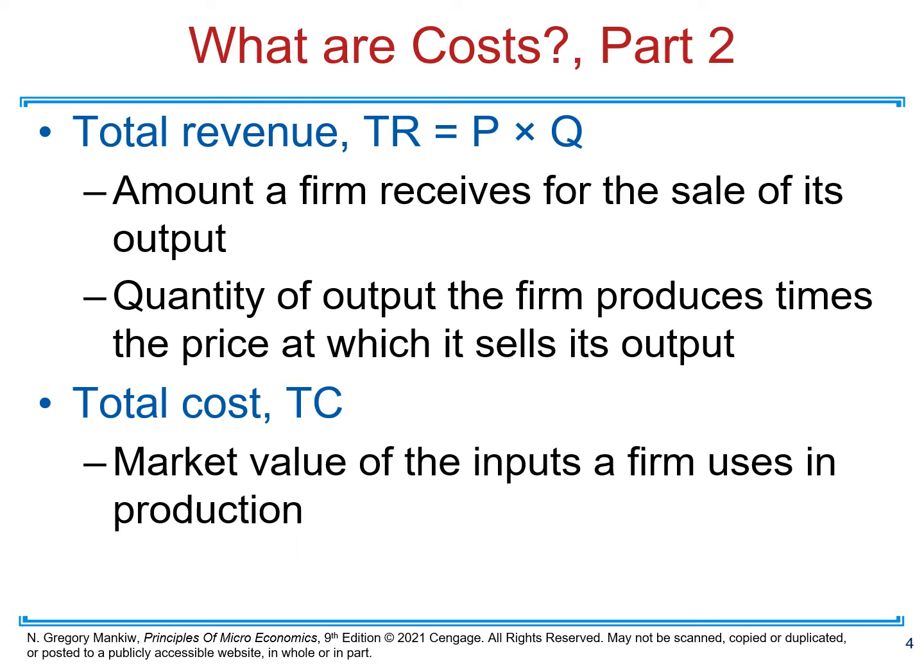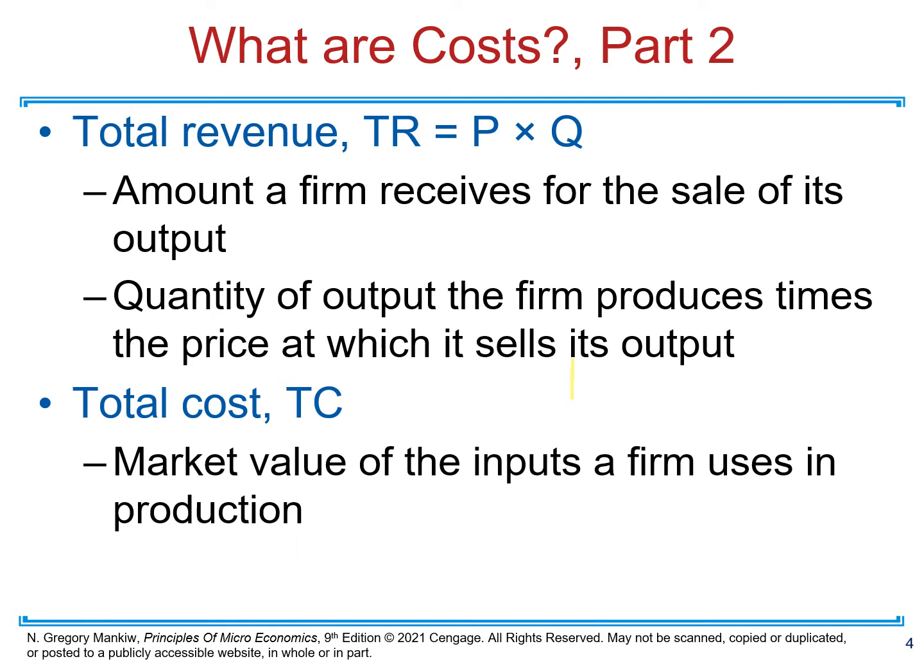Total revenue, TR, is P multiplied by Q. Q is the quantity that the firm produces, and P is the price at which they sell it.